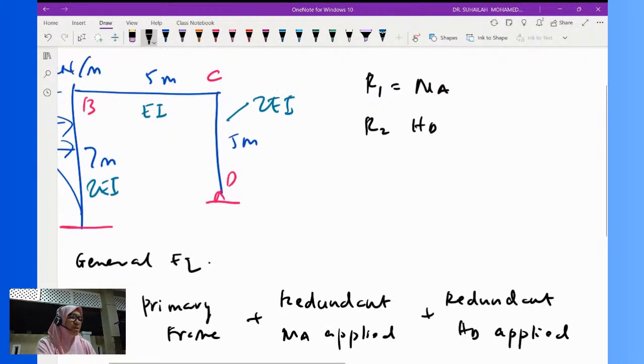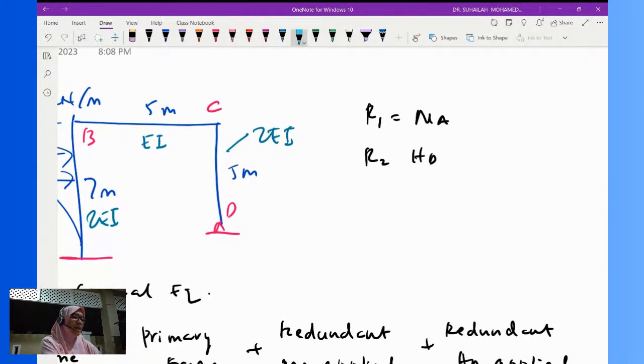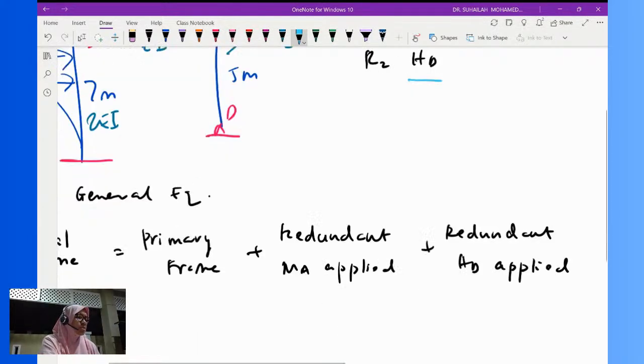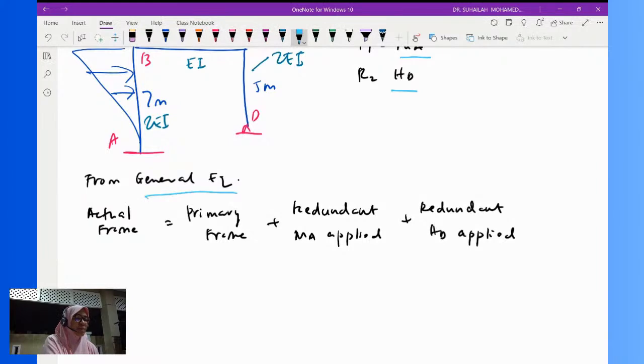Okay, so we start from the general equation. In the general equation, we know that there are three systems to be analyzed.